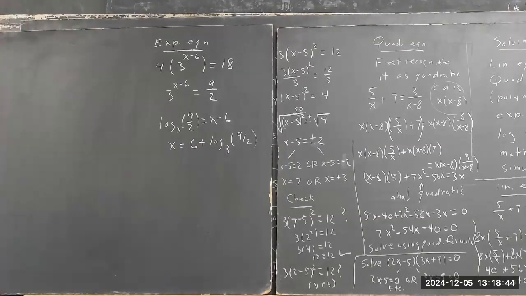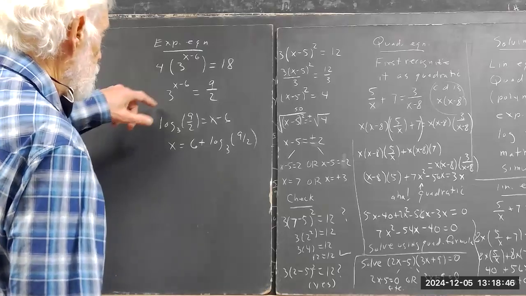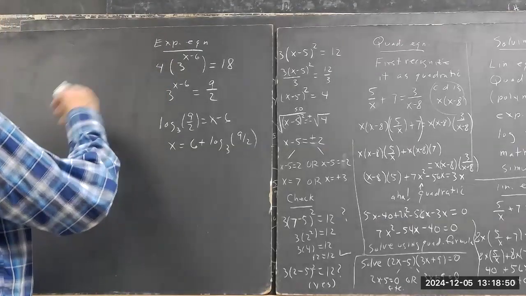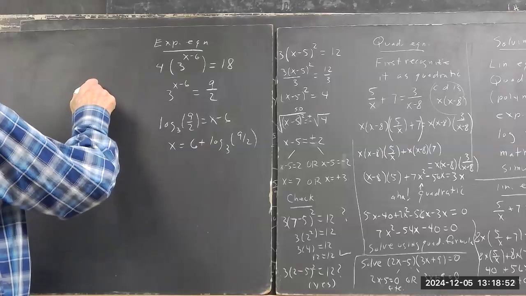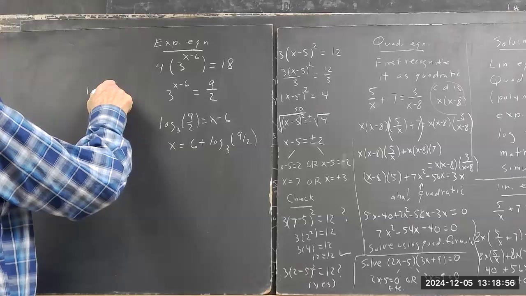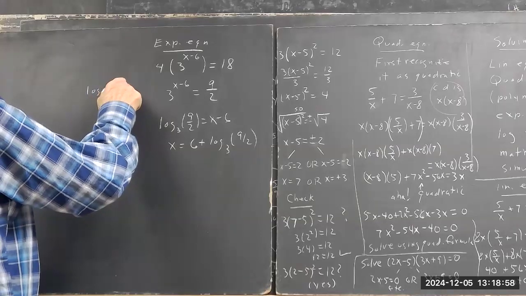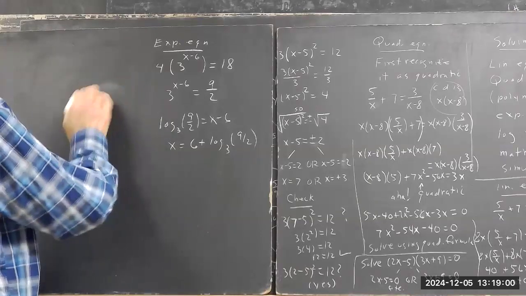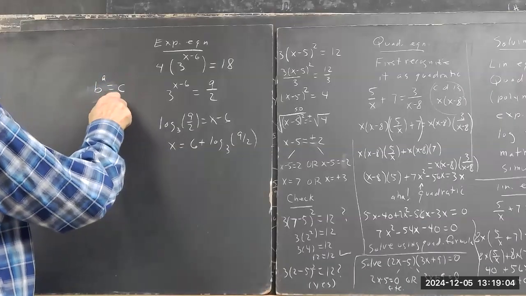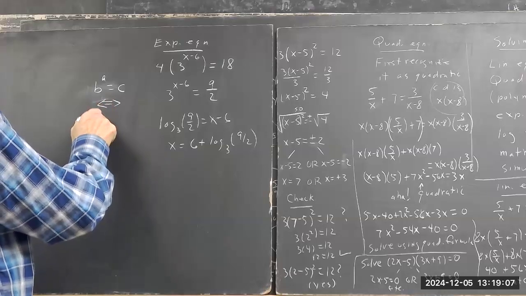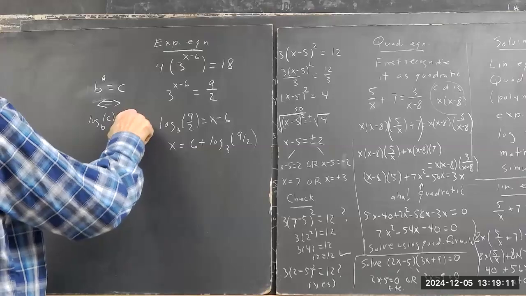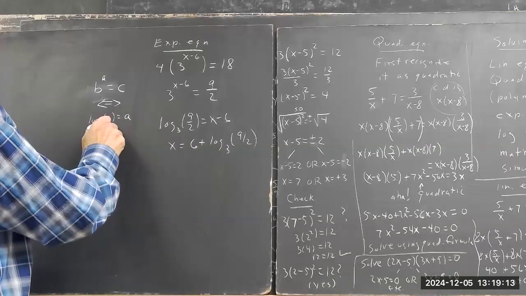Now that requires that you understand how to change between logarithmic and exponential form, or vice versa in this case. Remember that b to the a equals c is equivalent to log base b of c equals a.